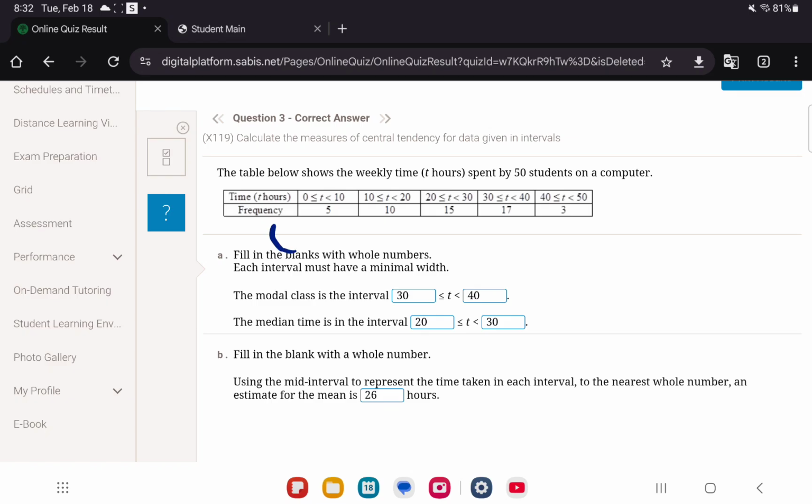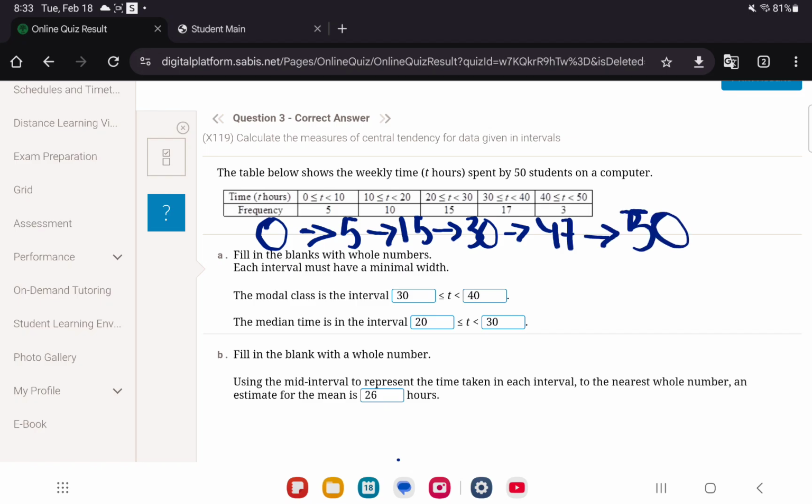Here we start from 0 and we go up: from 0 till 5, then 5 plus 10 is 15, then 15 plus 15 is 30, then 30 plus 17 is 47, and then 47 plus 3 is 50. That's what we use, and we don't use the frequency on top.